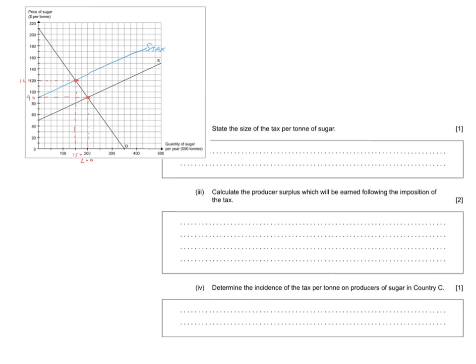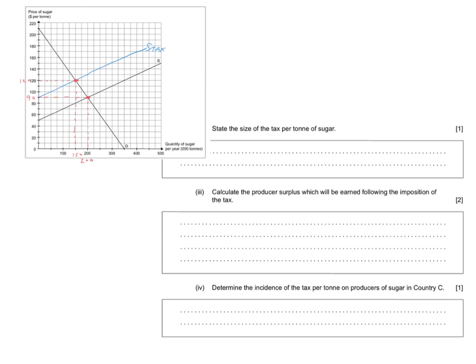The question now moves on to ask us to make some further calculations around the imposition of this sugar tax. Firstly, we're asked to state the size of the sugar tax per tonne.